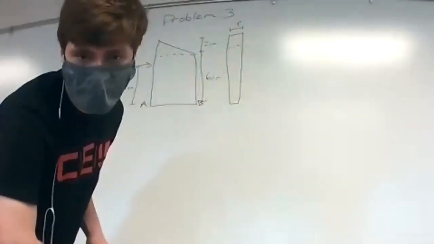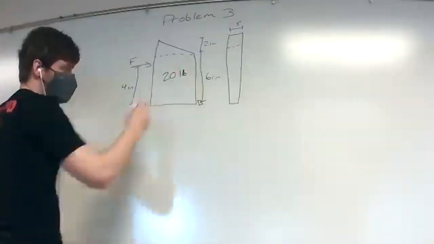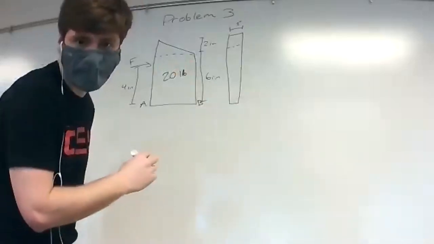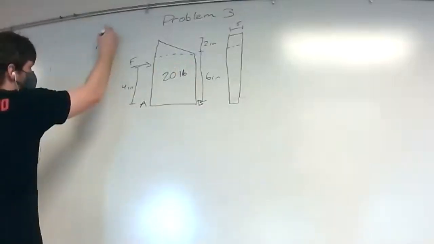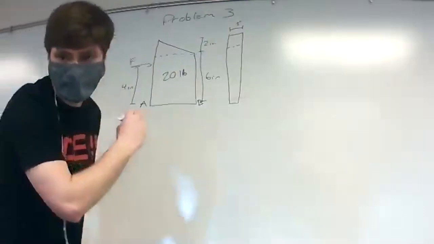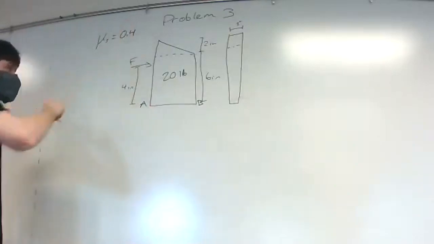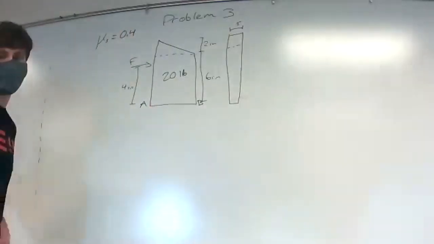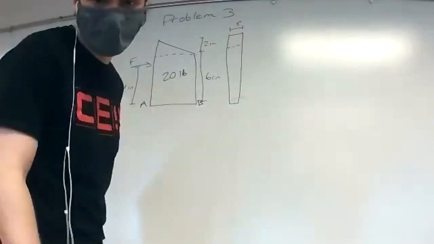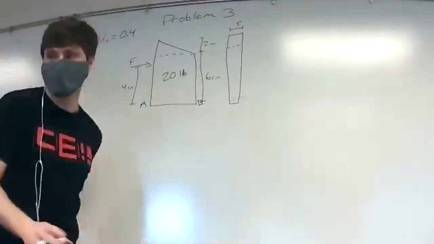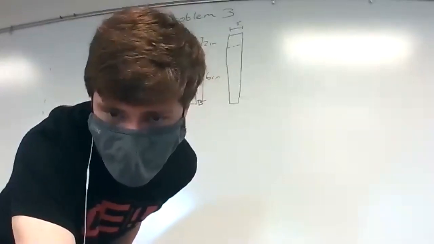They say that this is a 20-pound object, so this is 20 pounds in total, and is supported at A and B. They tell us that the coefficient is 0.4, and it wants us to determine the force that would cause impending motion. So we need to test for slipping and tipping, or sliding and tipping.